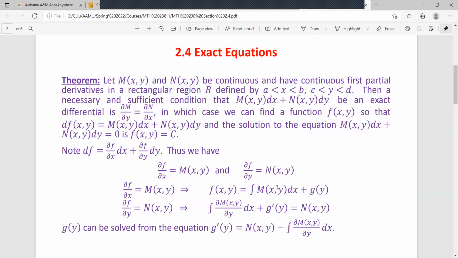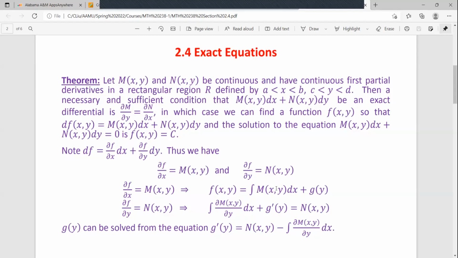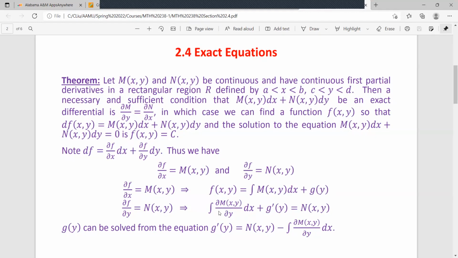When you take the partial derivative with respect to y, you don't have to worry about the x. So that becomes the integral of partial m partial y dx. And when you take the derivative of g, you get g prime of y, the derivative of g with respect to y, and that has to be equal to n, from the equation itself.